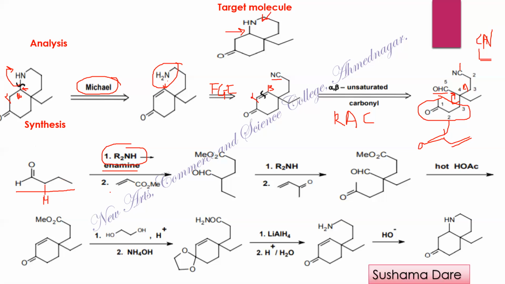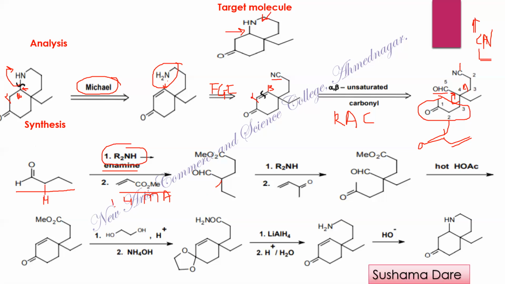Then you have to treat it with the best synthetic equivalent for the vinyl cyano group, which is the vinyl ester. So after treatment with the vinyl ester, you write down it is a 1,4-Michael addition reaction. After the Michael addition reaction, the product is this.